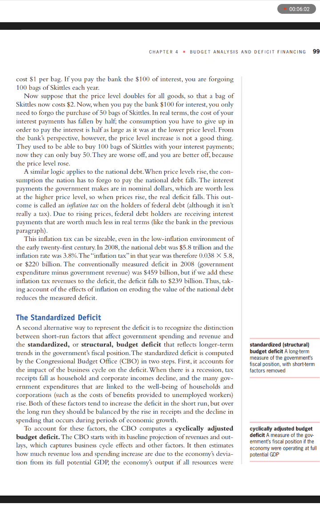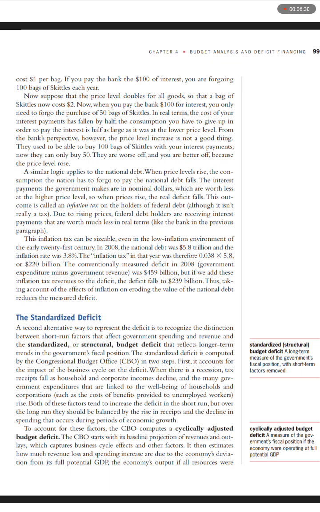From the bank's perspective, however, the price level increase is not a good thing. They used to be able to buy 100 bags of Skittles with your interest payment. Now they can only buy 50. They are worse off, and you are better off because the price level rose. A similar logic applies to the national debt.